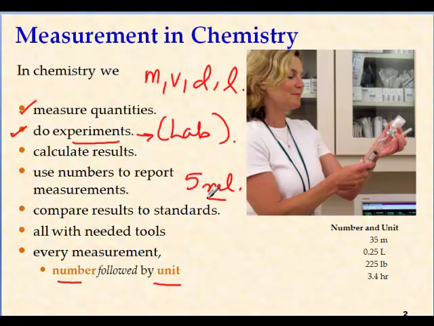So never will you just write down the number without giving the unit following that, because without the unit, the number has no sense as to what it represents. So always remember that whenever you report numbers in any of my lab experiments, I will take off points if the units are not present. So the units are a must.